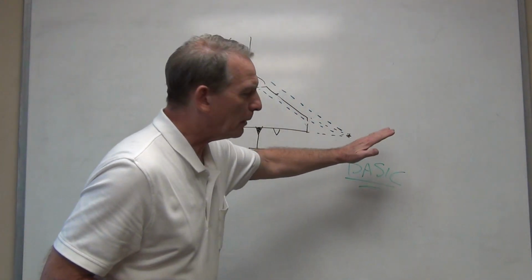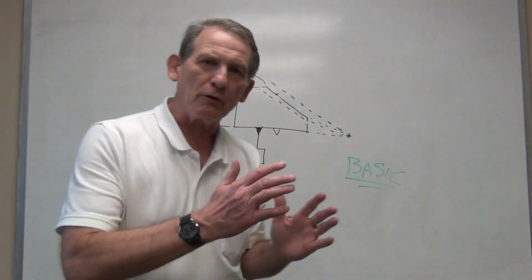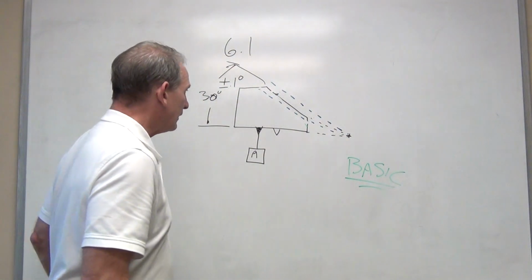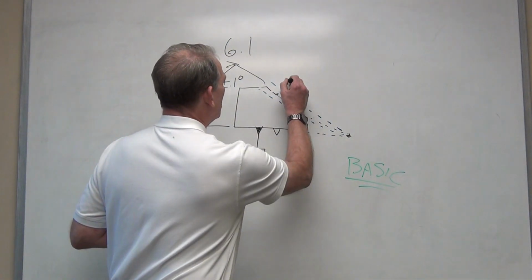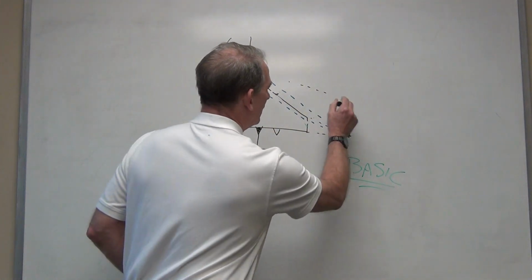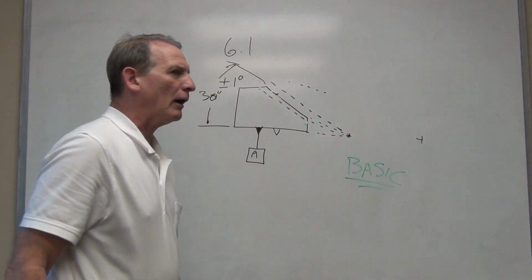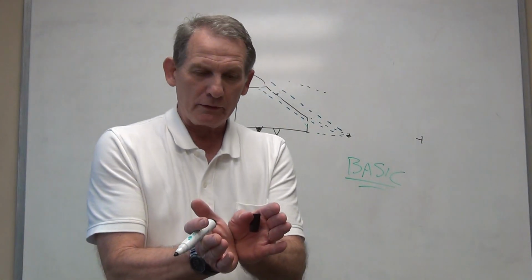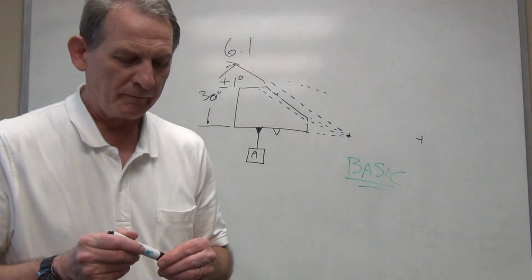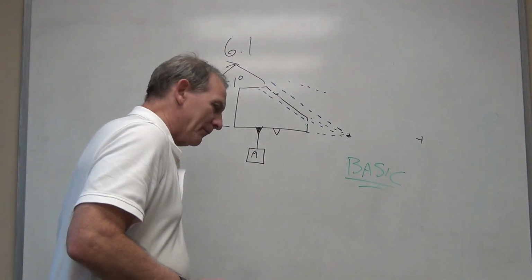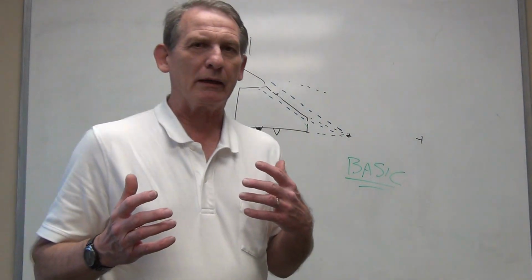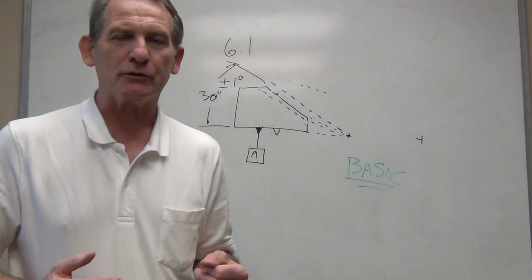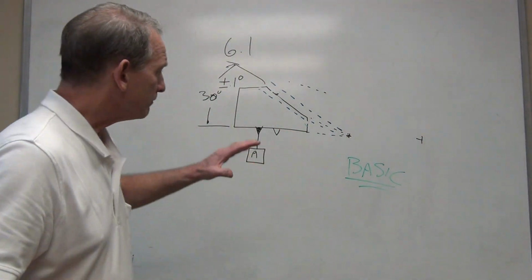If this is a large part, and there's a long distance between where this point pivots, let's say this angle were much less steep, that would throw that pivot point way out here, and a plus or minus 1 degree would yield a much larger tolerance zone. That's not a good thing. To have a tolerance zone that can be much larger than you might imagine is a real problem.